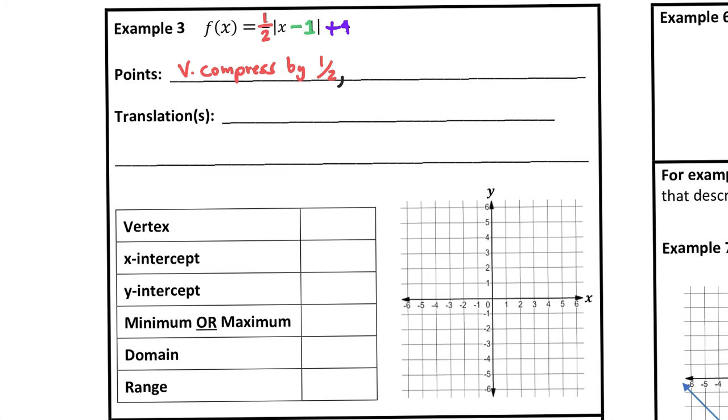Then we have a horizontal translation of 1 unit to the right, and then there's a vertical translation for up.